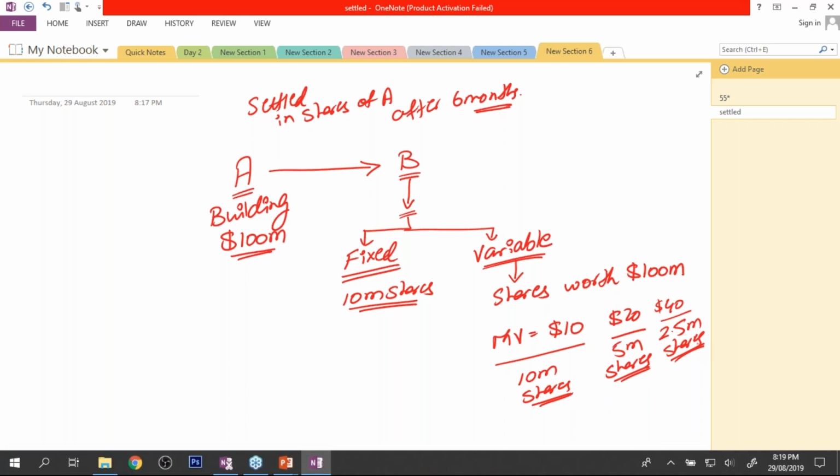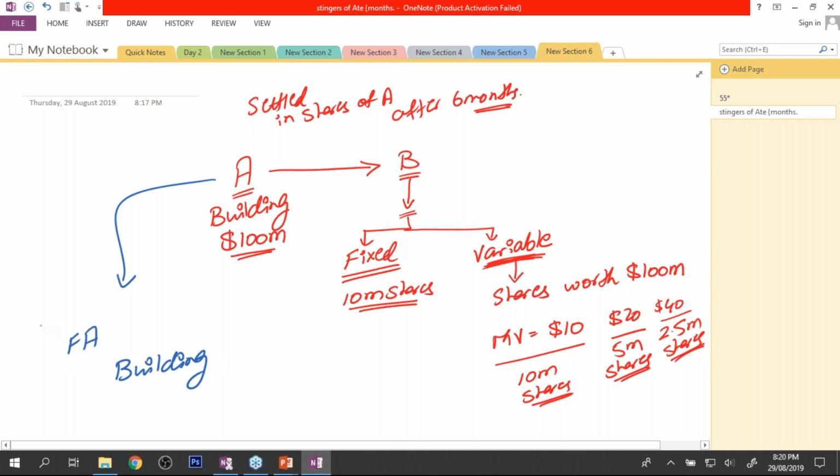So there are two possibilities in this case. Either B will give a fixed number of shares or B will give a variable number of shares. If the number of shares is variable, A is going to make an entry of building credit and financial asset debit, by $100 million.